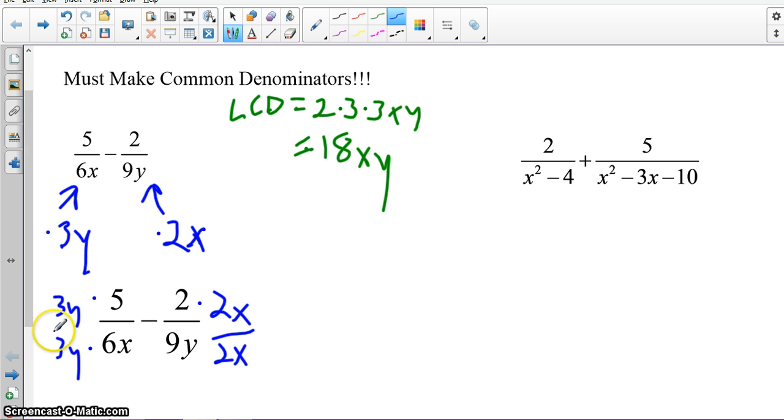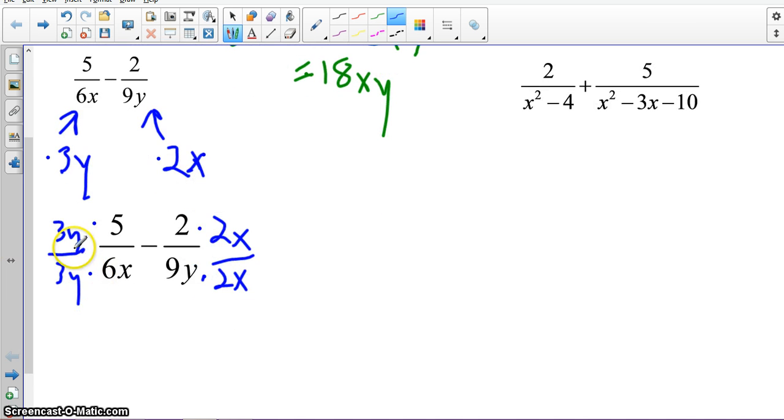I should draw it as a fraction, since we really are multiplying a fraction times a fraction. As we've talked about, when you multiply fractions, you multiply the numerators and multiply the denominators. So this becomes 15y over 18xy minus this.